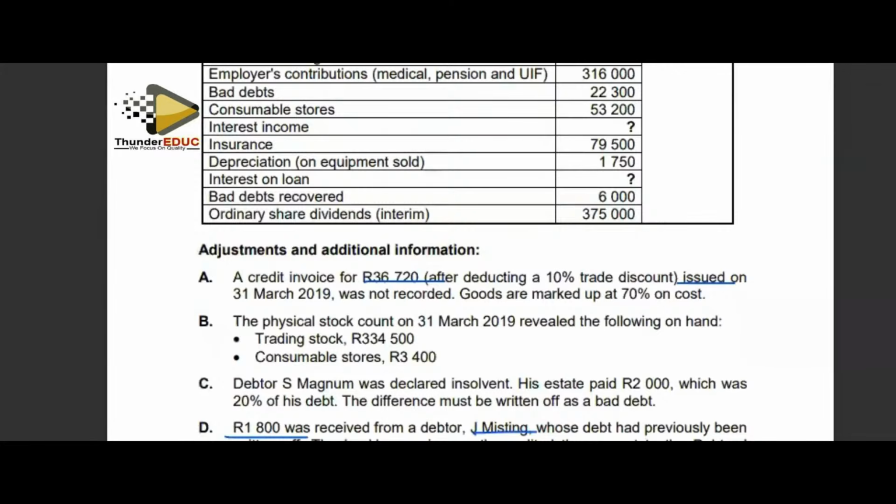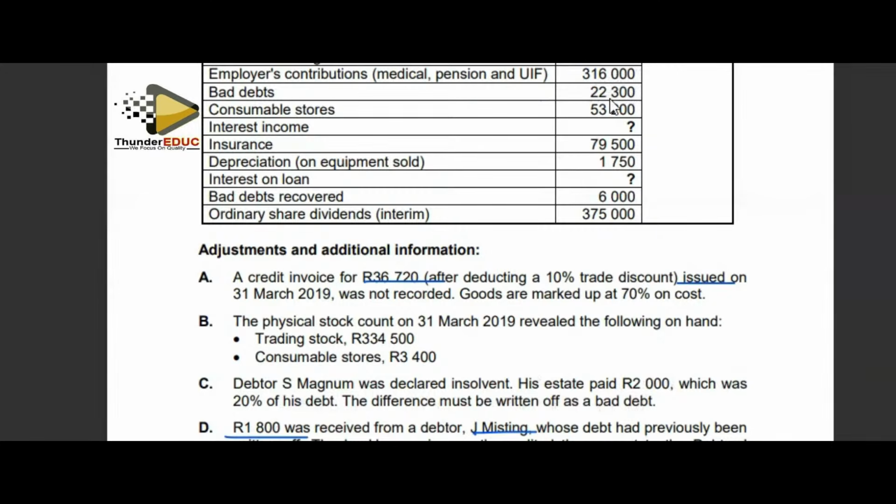They are saying a debtor, S Magnum was declared insolvent. His estate paid 2,000, which was 20% of the debt. The difference must be written off as a bad debt. So on top of this one we have here, okay?